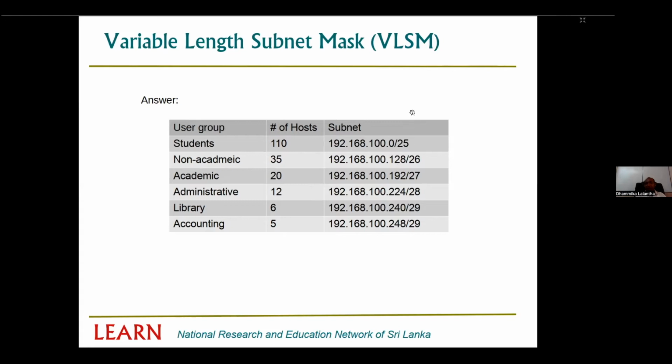Earlier we had fixed length subnetting, where we had a subnet mask or subnet of fixed size. Here you can see the prefix length or subnet mask is different for each requirement. That's why we call it variable length subnet masking.